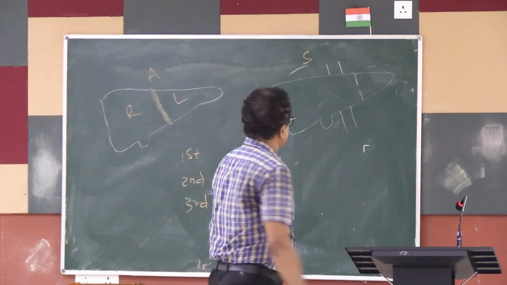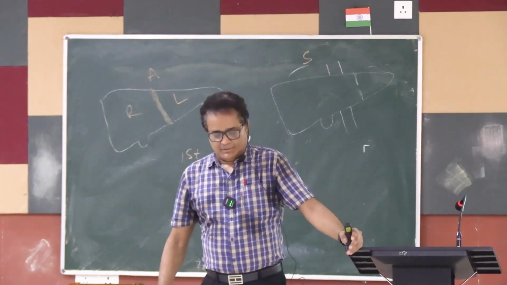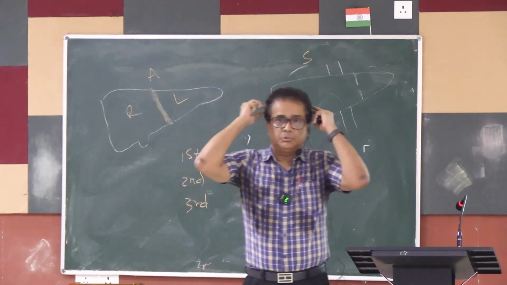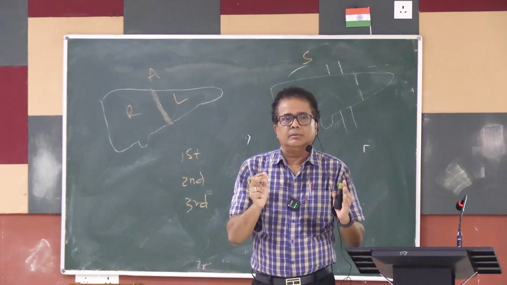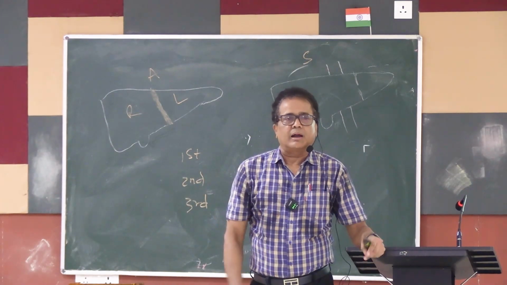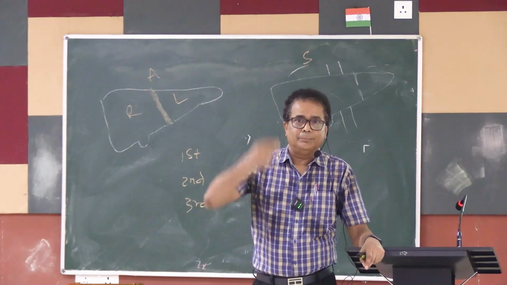So the first thing, we divide into two hemilivers. The liver parenchymal tissue is actually divided into two identical parts, the right hemiliver and the left hemiliver, by a midline plane.